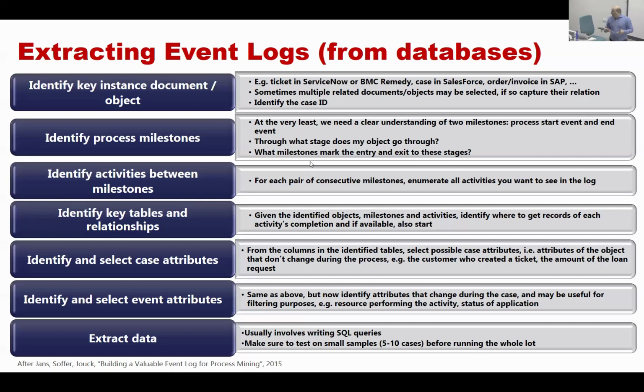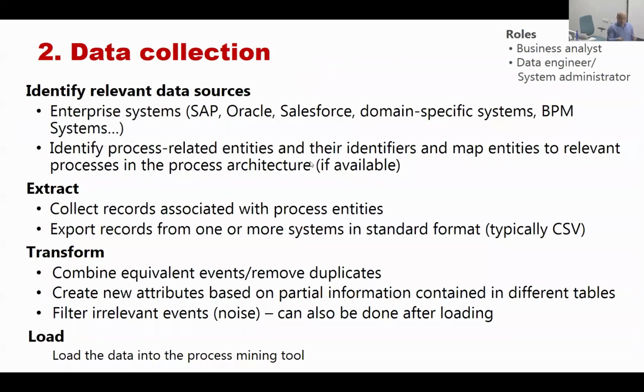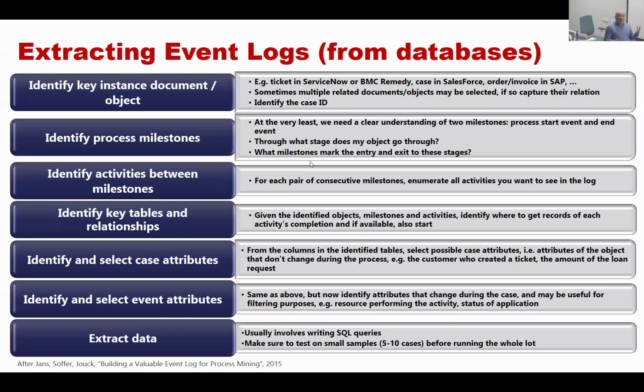The next thing you need to do is, between two milestones, between the moment I receive an order and the moment I have verified the order, identify what the activities in this process are. You need to have a list of main activities that you perform.